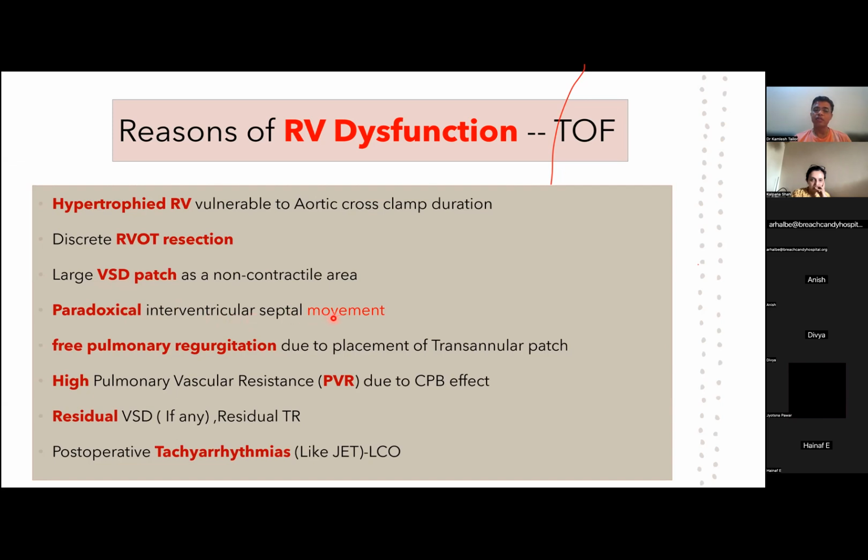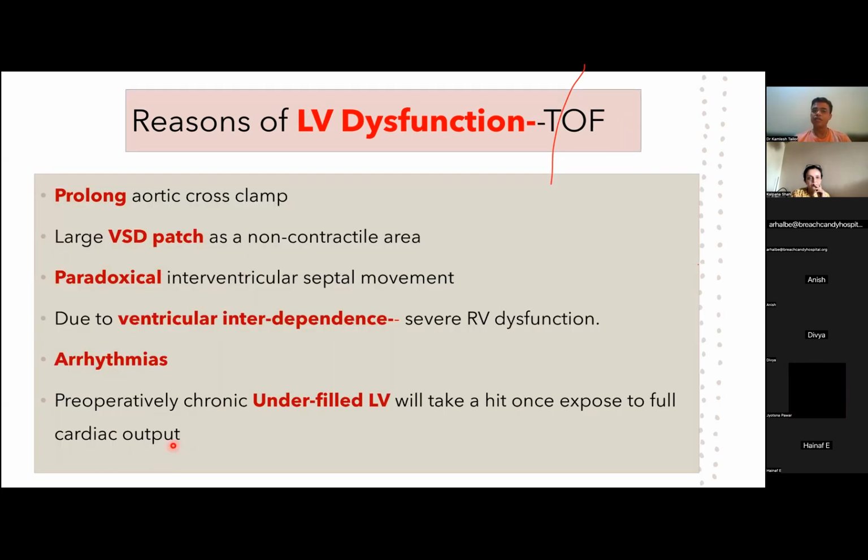Paradoxical interventricular septal movement leads to RV dysfunction. Free PR will also lead to RV dysfunction. High PVR will cause RV dysfunction because of a afterload effect. Residual VSD and residual TR will lead to RV dysfunction. And tachyarrhythmias will lead to RV dysfunction.